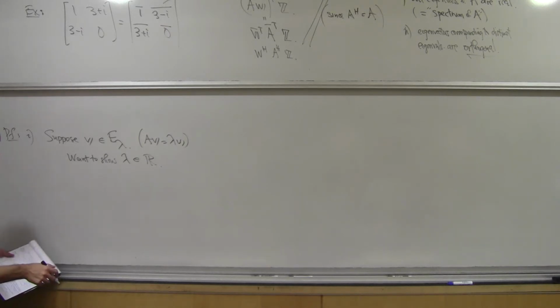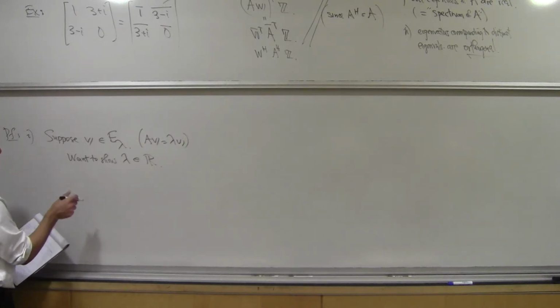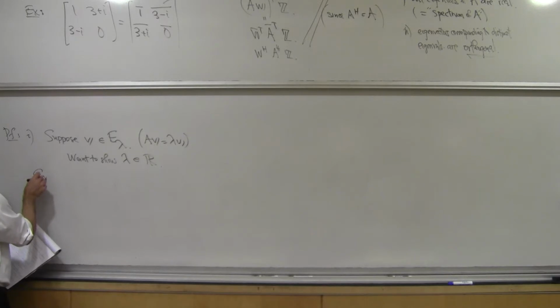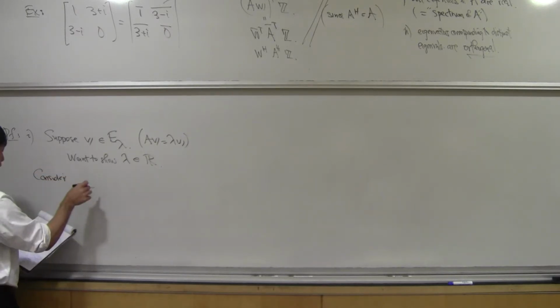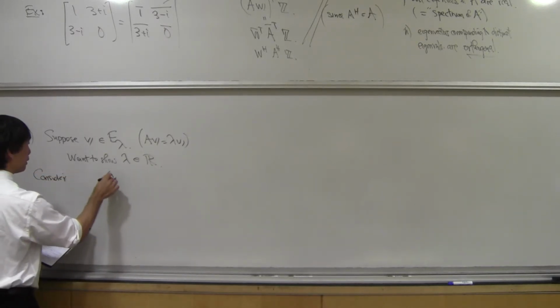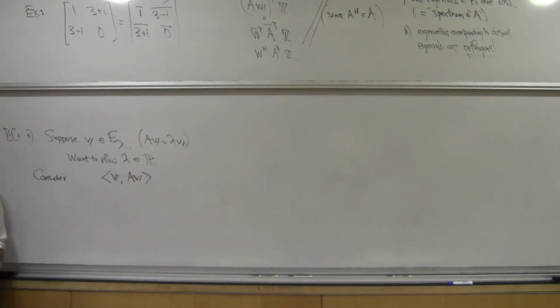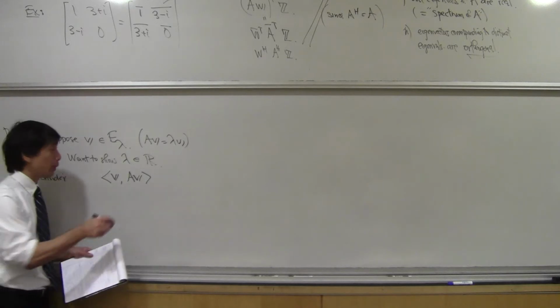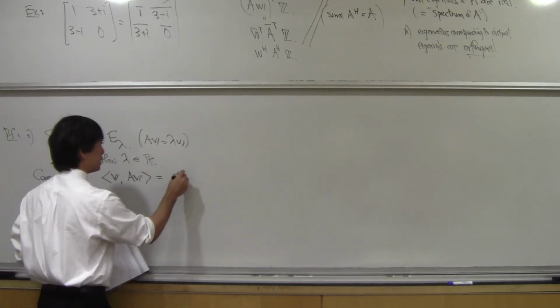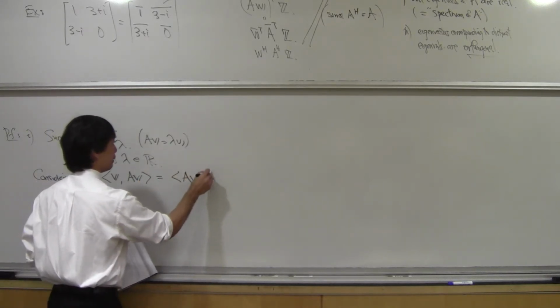The way we do it is by considering the inner product of V against AV. By what we just saw, that's the same thing as the inner product of AV against V.